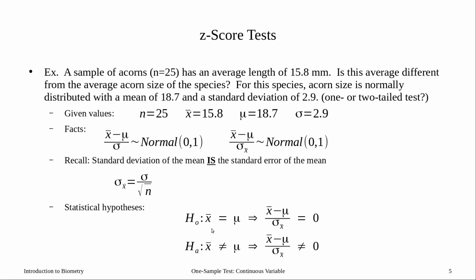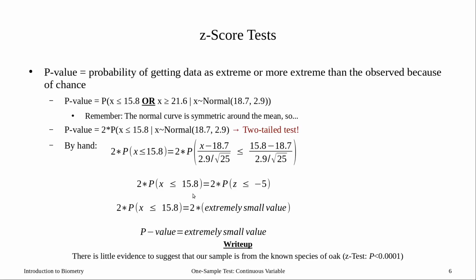So if this is true, then we've got a really small chance to get 15.8 or worse, which means we can reject the null hypothesis and conditionally accept our alternate hypothesis, which is our sample mean is not equal to our population mean.